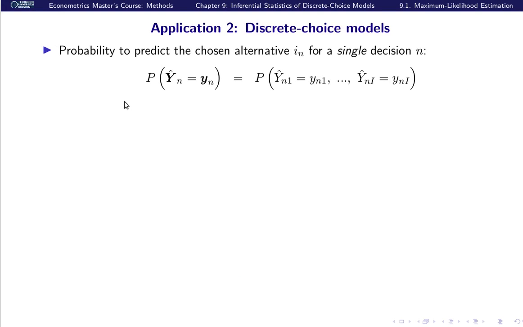So now the proper application is of course to discrete choice models, because we can apply the maximum likelihood to regression models, but we cannot apply the least squared error methods to discrete choice models.